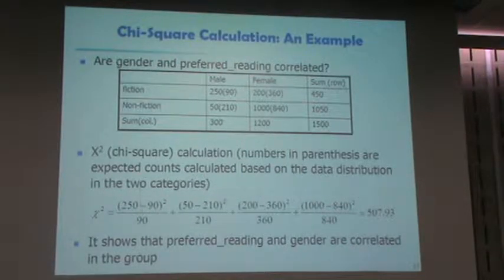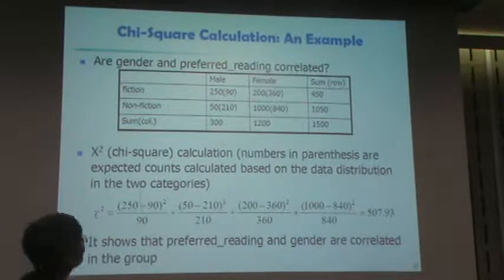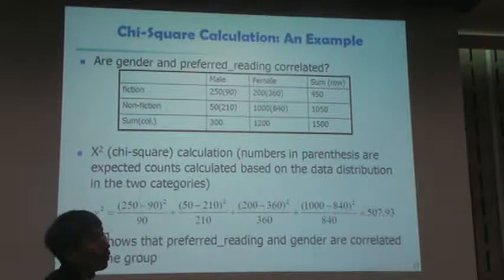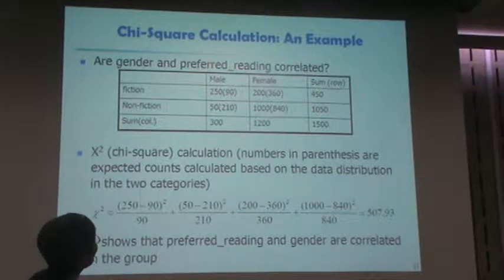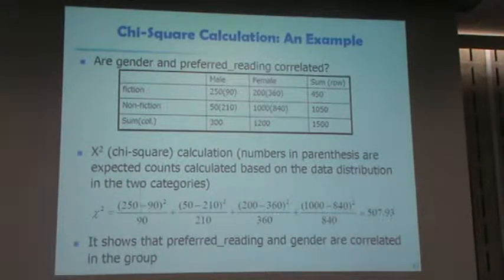In the ideal case, in other words independent, if they are not related, the distribution of male and female is 1 to 4, and fiction and non-fiction is 45 to 105, which is 3 to 7.